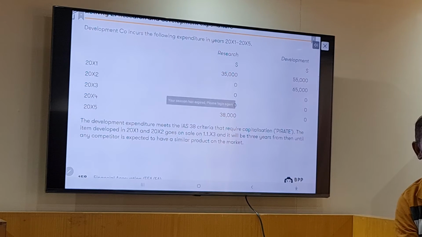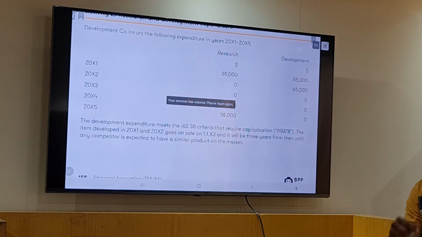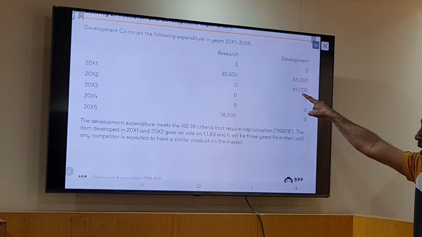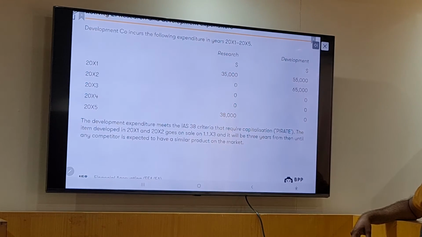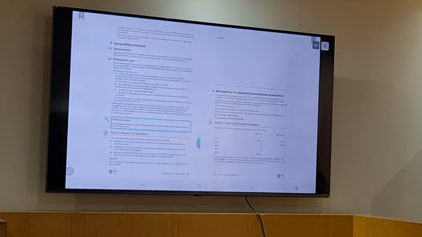Limited life. How many years? 3 years. So you have to amortize over 3 years. Understood? So 55 plus 65 comes how much? 120. So 40,000 each. Correct?